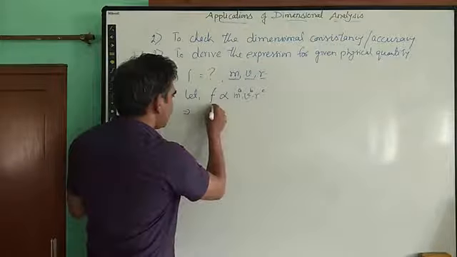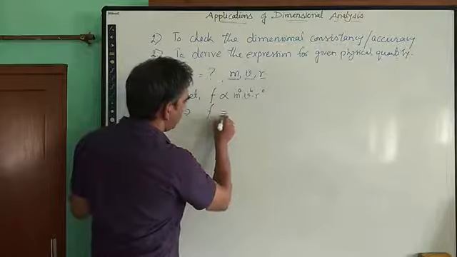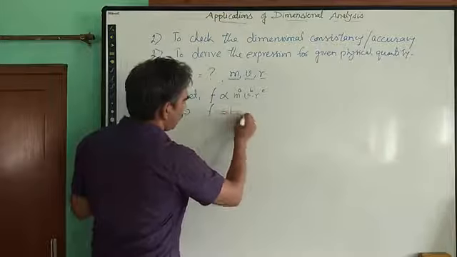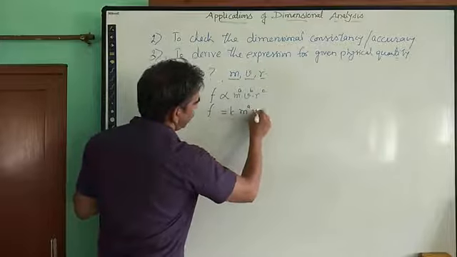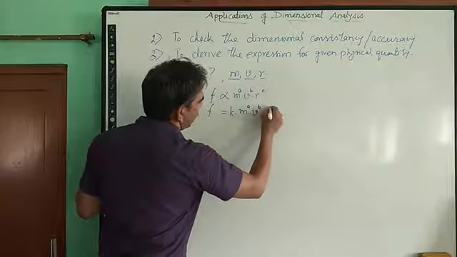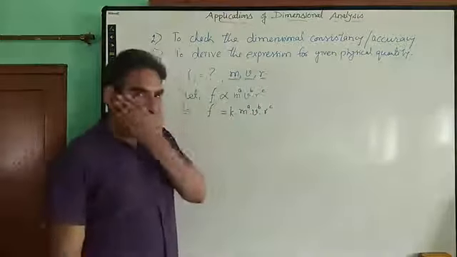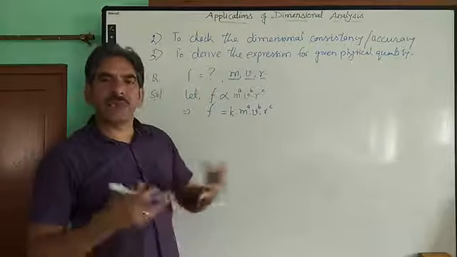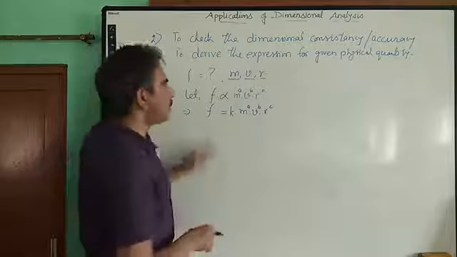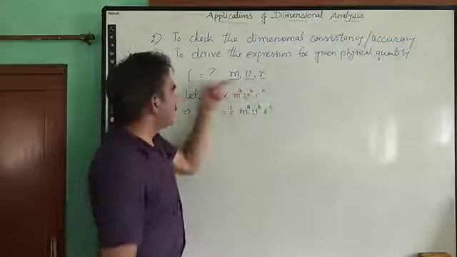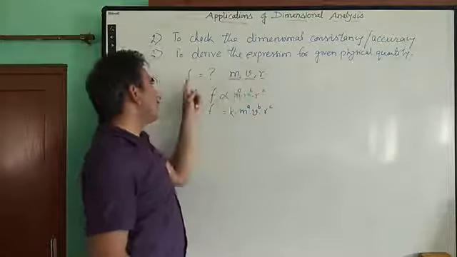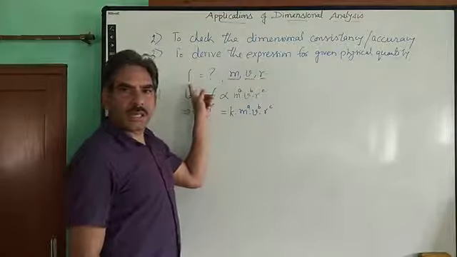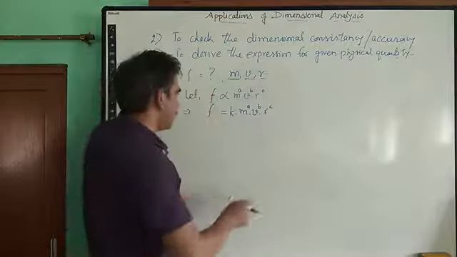So the centripetal force may be placed equal to some constant k into m to the power a, v to the power b and r to the power c. This is the method to derive the expression for any physical quantity which depends upon some given parameters.